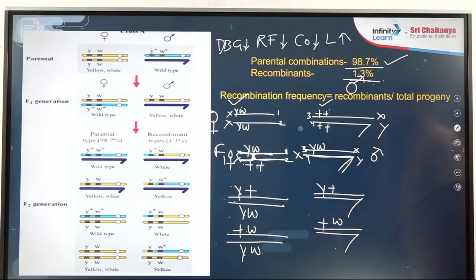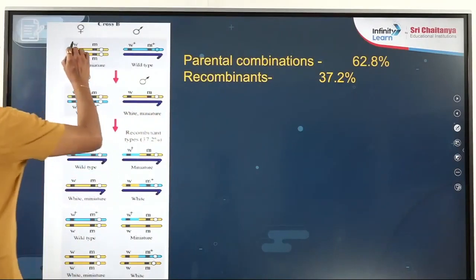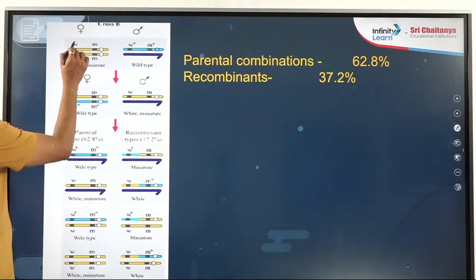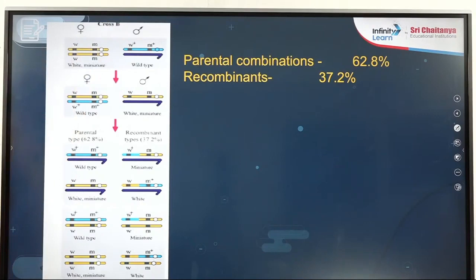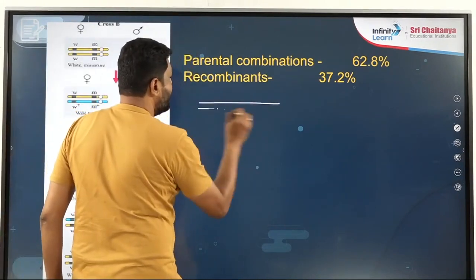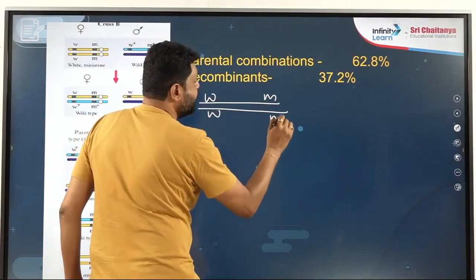This is cross B. Have a look here: white, miniature. Eye color white is recessive. Wing nature miniature is recessive. So these two genes are distantly located, which you should understand in comparison with cross A. So I am writing here the female: W m, W m, white miniature.